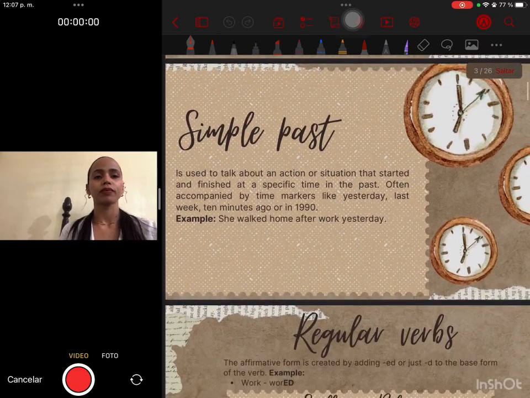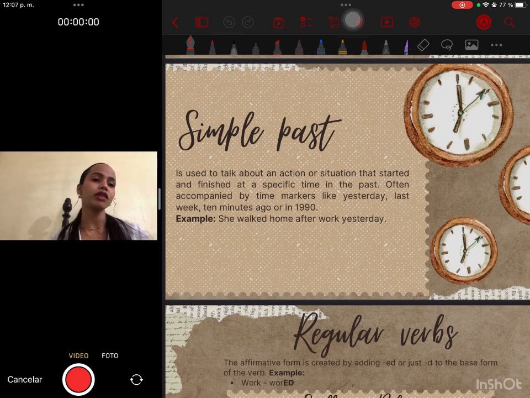Simple past. The simple past is used to talk about an action or situation that starts and finishes at a specific time in the past, often accompanied by time markers like yesterday, last week, 10 minutes ago, or in 1990.